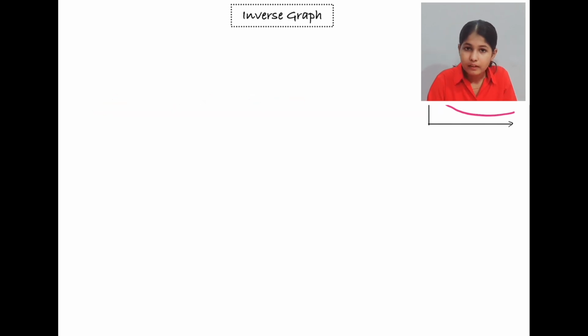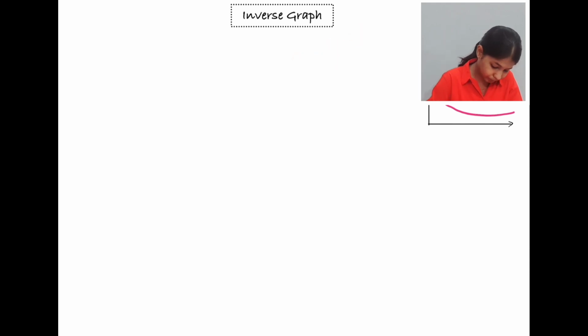Actually, what happens with the inverse graph? Can you remember? Directly proportional, inversely proportional. What is my inverse? Inverse means the power will be less than 1.